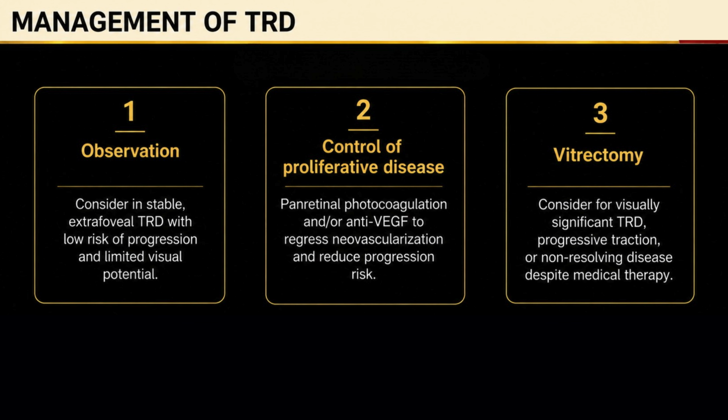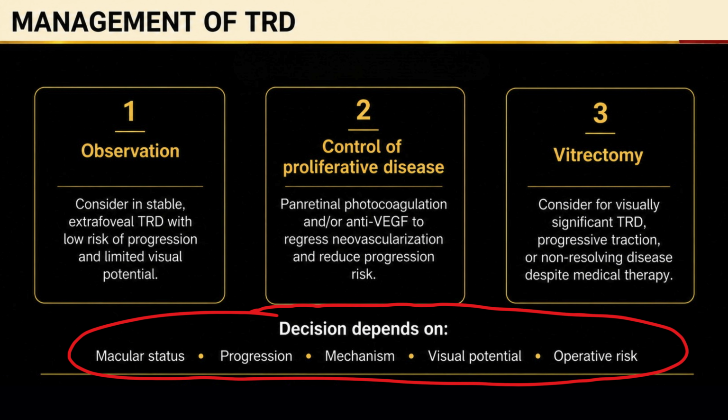Now let's talk about the management of tractional retinal detachment. Management of TRD depends mainly on the relationship of the TRD to the macula, its documented progression, whether the detachment is pure or combined, symptoms and visual potential, and the risk associated with surgery.